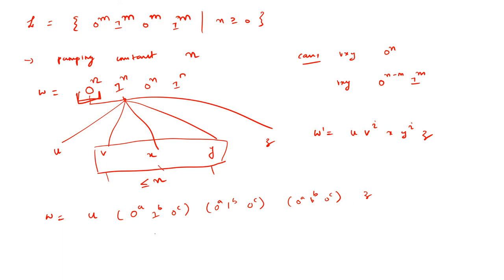So what is the constraint here? Let me call them a prime, b prime, c prime, and a double prime, b double prime, c double prime. So this is v, this is x, this is y.